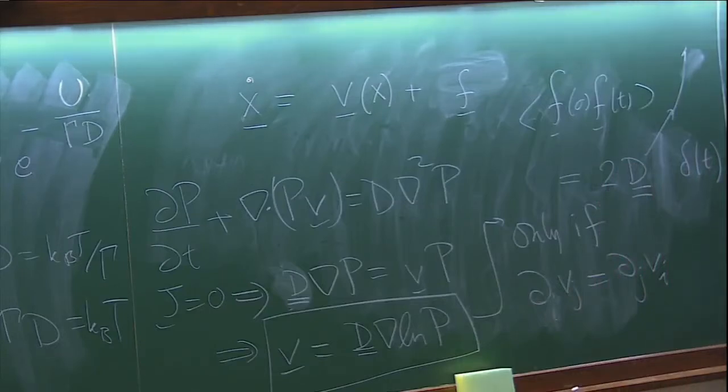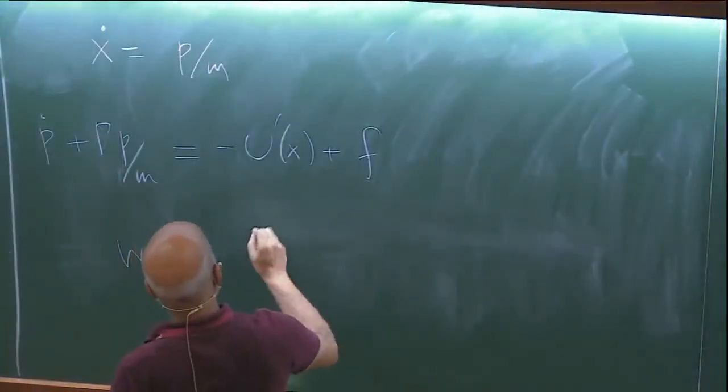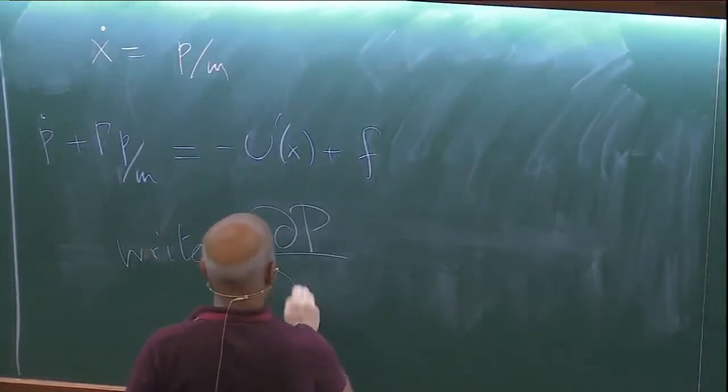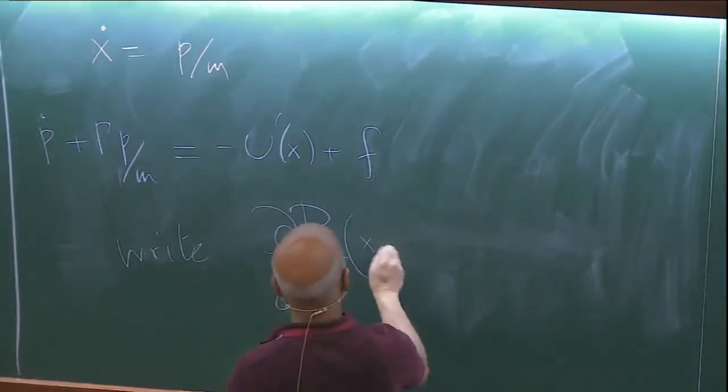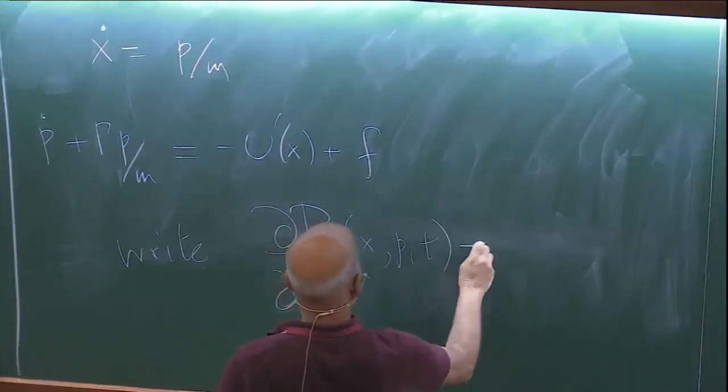So actually, in principle, from this form and from this expression, you can take this case, for instance, you can say that if you have x dot equals p over m and p dot plus gamma p over m equals minus u prime of x plus noise, by complete analogy with this, you can write the equation for P of x and p and t.